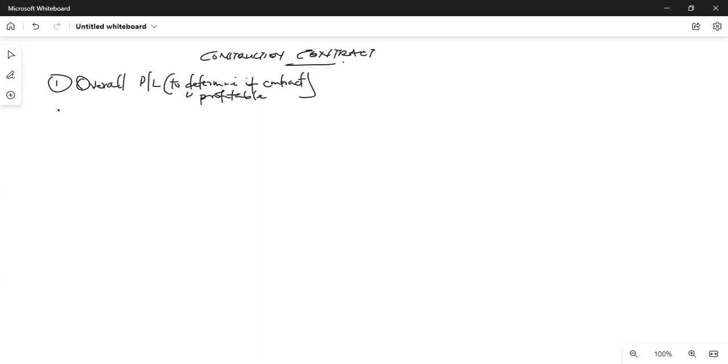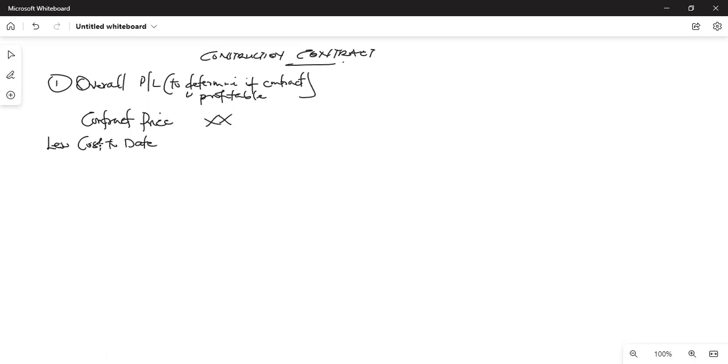I'll describe that thing on your screen for you to see. But for the meantime, if you have the contract, you have to determine the overall P&L to determine whether it's profitable or it's not. If it is profitable, how will you know? So you will need the contract price. That is the price of the entire contract. Then you will have to less cost to date. These things that we do now are things that we did in senior high school, if you guys remember.